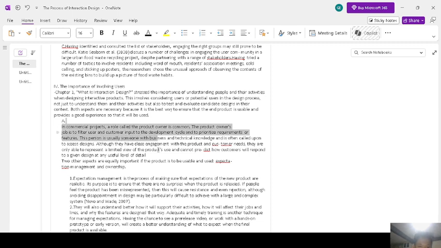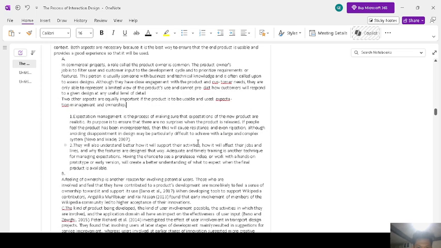In commercial projects, a role called the product owner is common. The product owner's job is to filter user and customer input to the development cycle and to prioritize requirements for features. This person is usually someone with business and technical knowledge and is often called upon to assess designs.